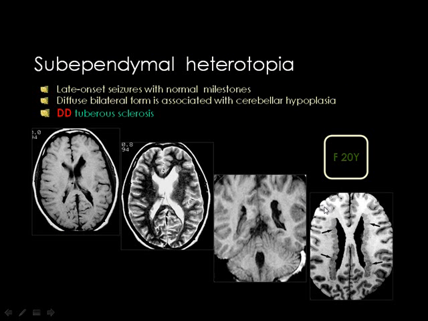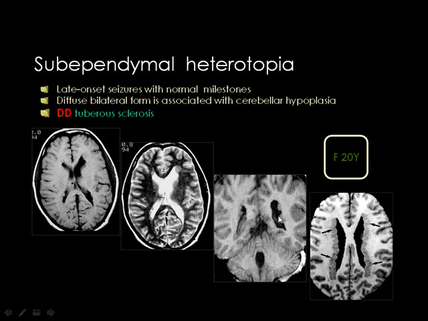Then if you look at this case, you can see multiple small nodules related to the wall of the ventricle showing exactly the same signal as the cortex, and this is what we call the subependymal heterotopia.